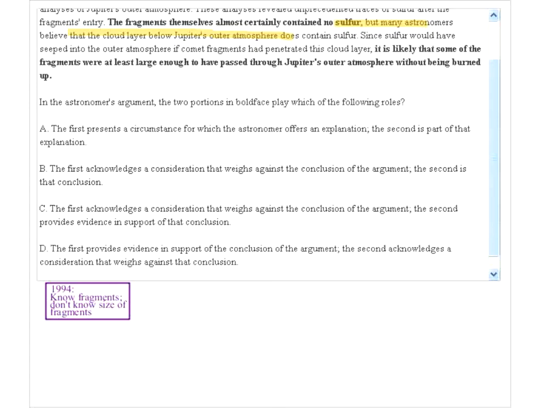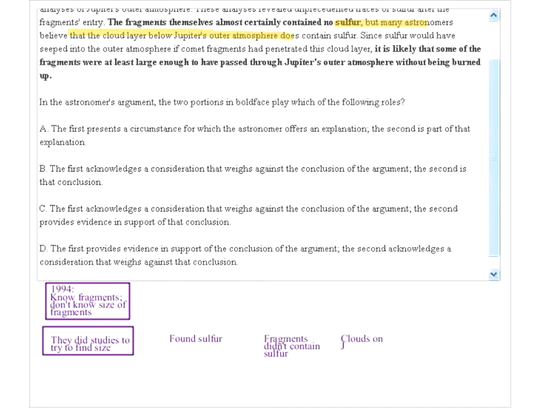But in hopes of gaining some indication of the fragment size, they studied spectrographic analyses. I mean, they did studies to try to find the size of the fragment. Okay, they found sulfur. Fragments didn't contain sulfur. But many astronomers believe that the cloud layer does.